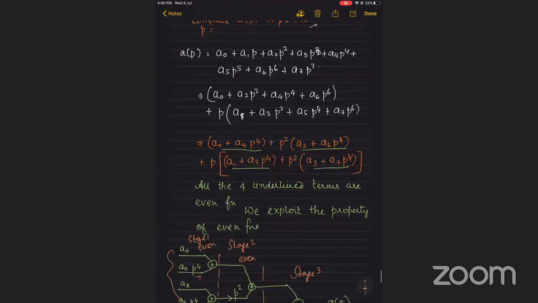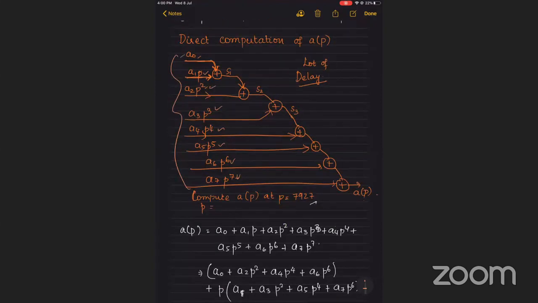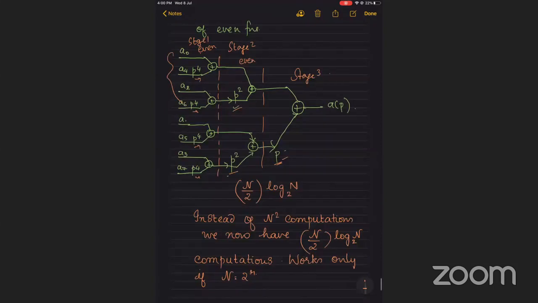What is the problem? The numbers appear in natural order: A0, A1, A2, A3, A4, A5, A6, A7. Whereas here, what happens? A0, A4, A2, A6, A1, A5, A3, A7. You get random ordering. Suppose I store all these A0, A1, A2, etc. in memory in sequence, then I can access successive locations.